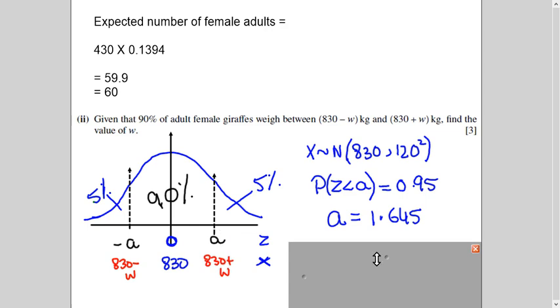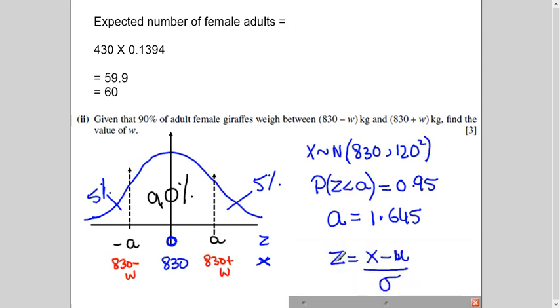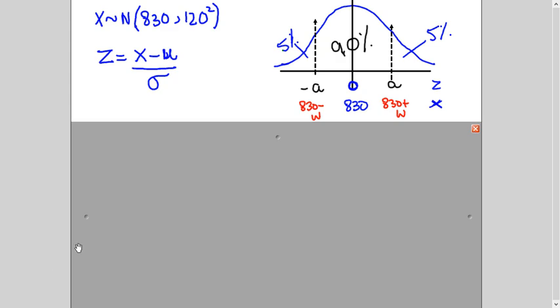So now I will use this formula. Now my Z is 1.645. My X will be 830 plus W. Mu will be 830 and standard deviation will be 120. So I will plug in these values here. I have just told you everything.